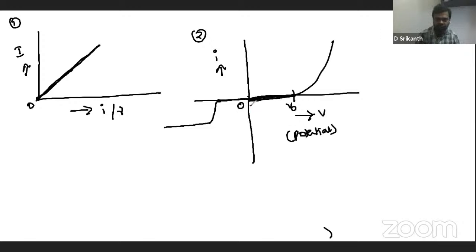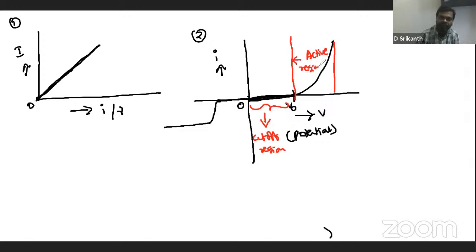This region we can call the cutoff region or threshold region, where there is no activity by the electrons. And here, as the potential increases, photocurrent is also increasing. This is the active region. As the potential increases, current increases.